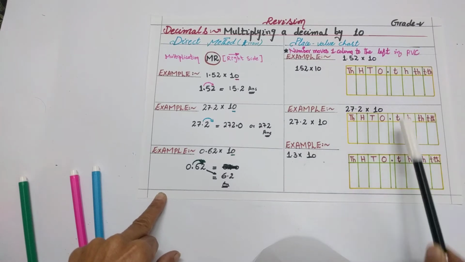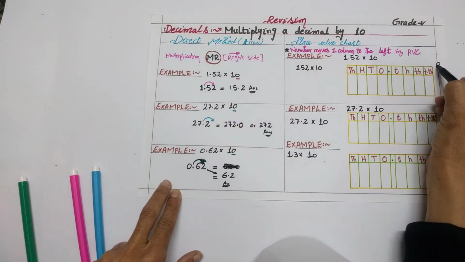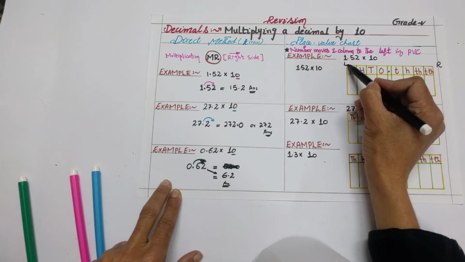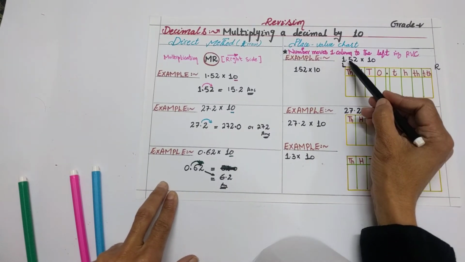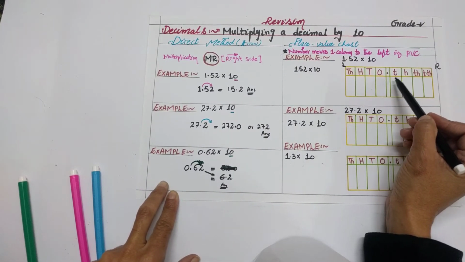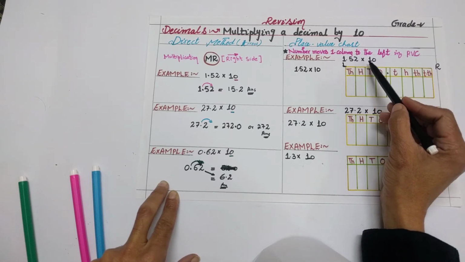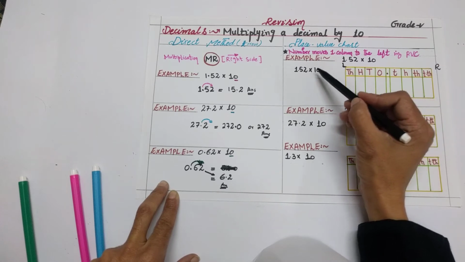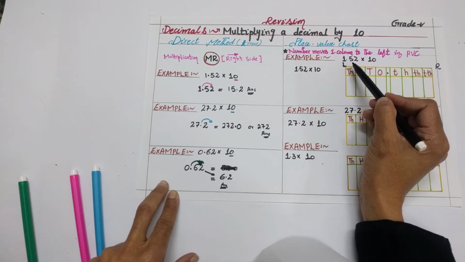In the place value chart, this one is the right side and this one is the left side. Firstly I will put the given number in the place value chart, then I will shift the number to the left side.